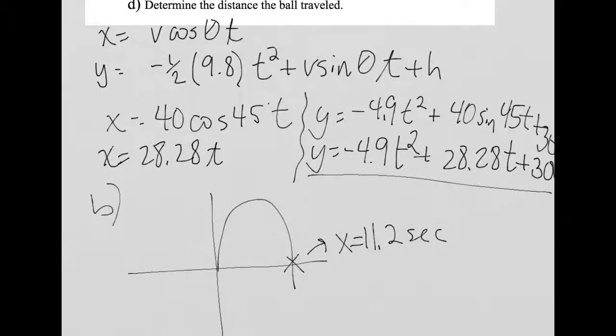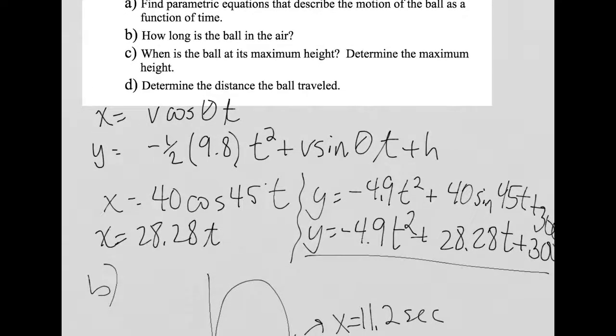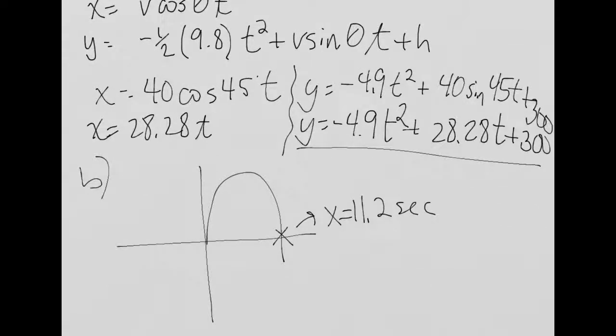For part C, it asks, when is the ball at its maximum height? Determine the maximum height. Well, to determine the maximum height, we need to figure out right here. So we need to press second, calculate on the calculator, number 4 for maximum, do our left bound and our right bound, enter for guess, and I get the maximum to be in 2.9 seconds.